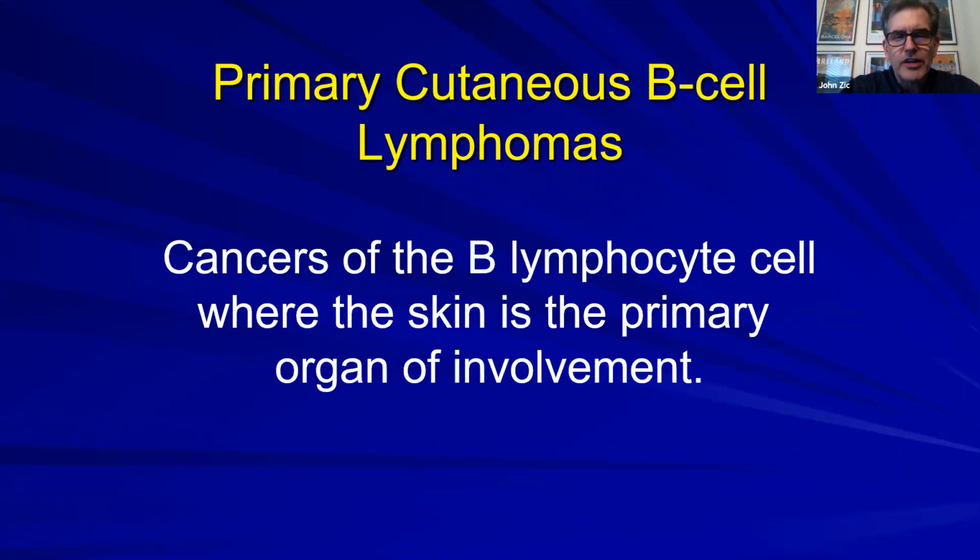Analogously, the primary cutaneous B-cell lymphomas are cancers of the B lymphocyte cell where the skin is the primary organ of involvement. Although a larger percentage of T-cell lymphomas primarily involve the skin, there are still quite a few B-cell lymphomas that primarily involve the skin.